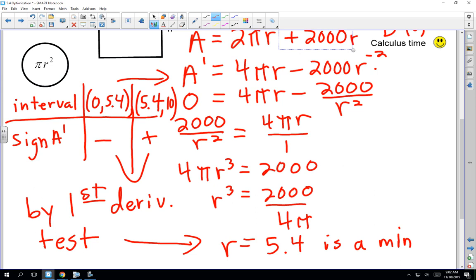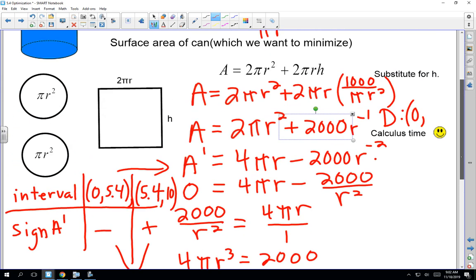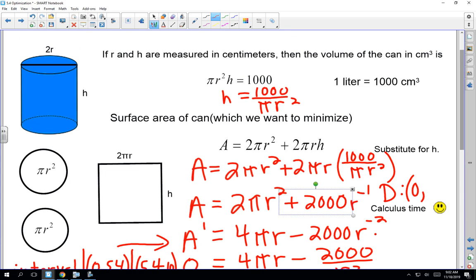So if R equals 5.4 is a minimum, H is going to be, I'm going to go back up to the very original equation. So H will equal 1,000 over pi times 5.4 squared. So 1,000 over pi times 5.4 squared, and we'll get our H, and that will minimize it.